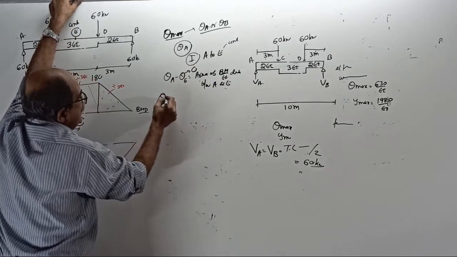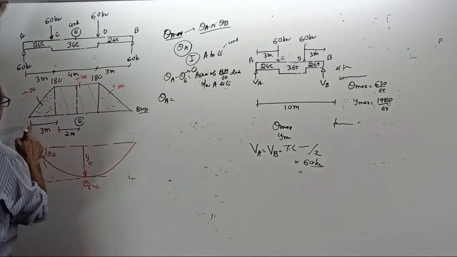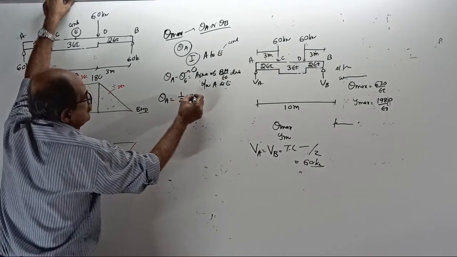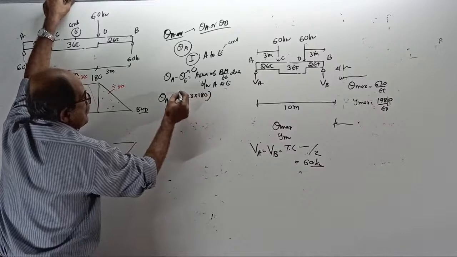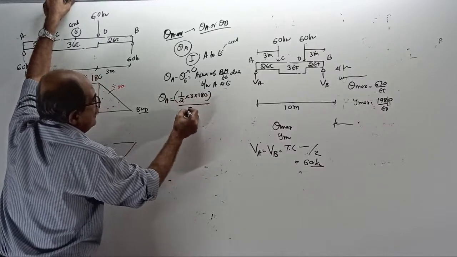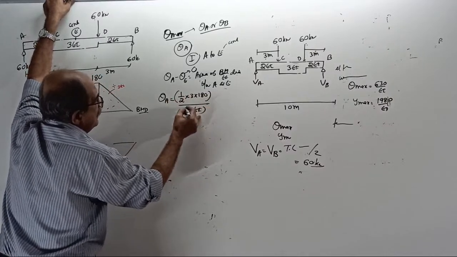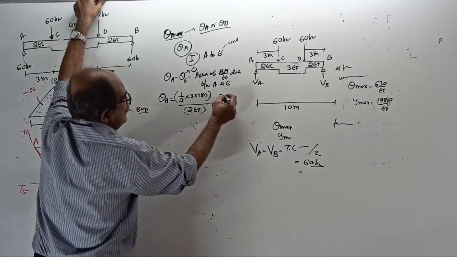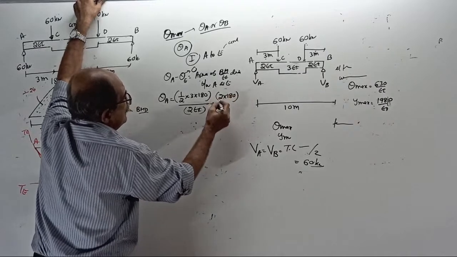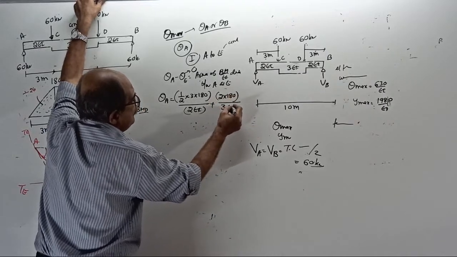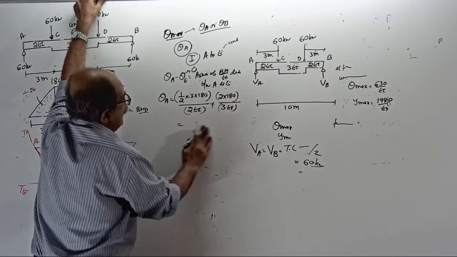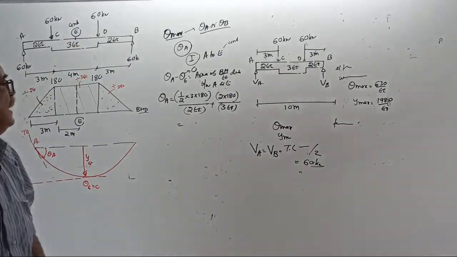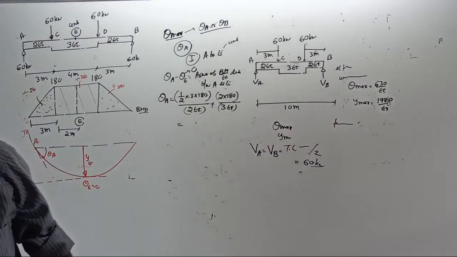So theta A equals half into 3 into 180, that area divided by 2EI, plus one more area 2 into 180, that area divided by 3EI. Tell the answer fast.